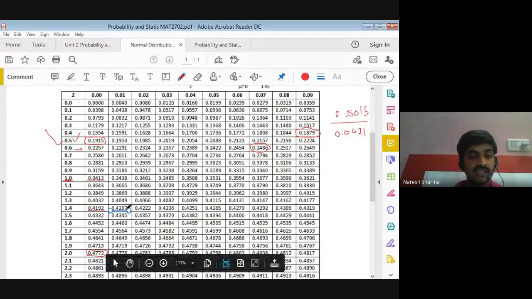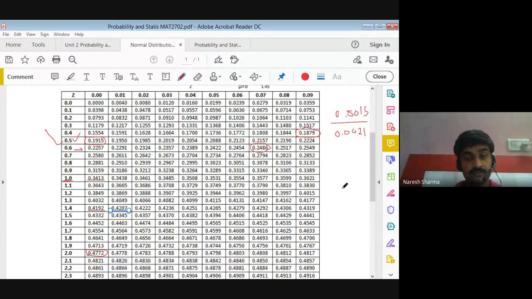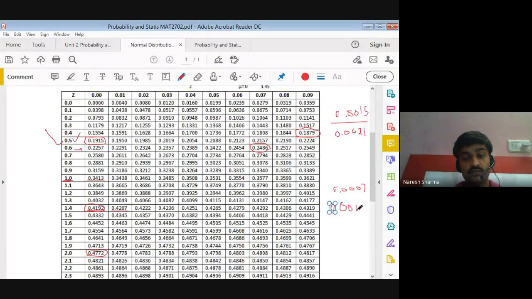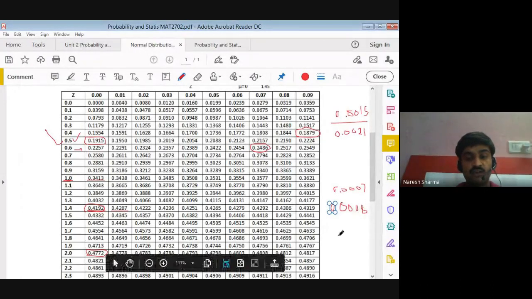The difference with 0.42 is 0.0007. And the second one is also close to 0.42, but the difference here is 0.0008. So both are nearly the same. This is a very small difference between these two. So it's your choice which one you prefer.